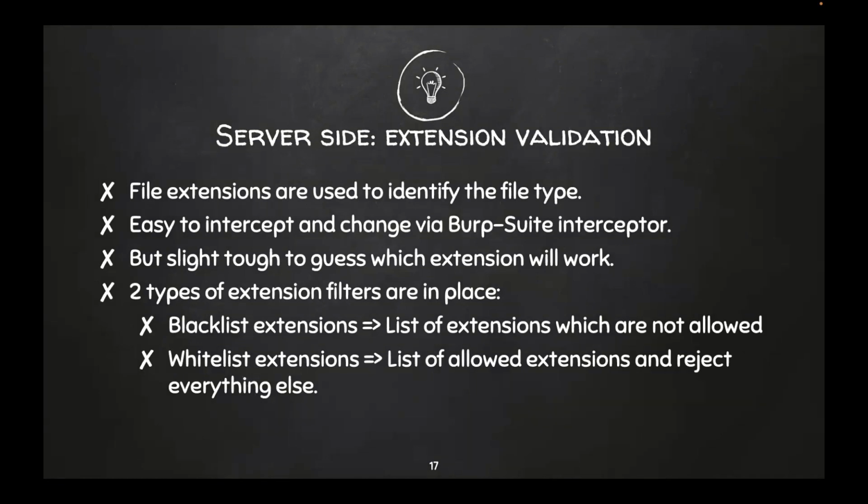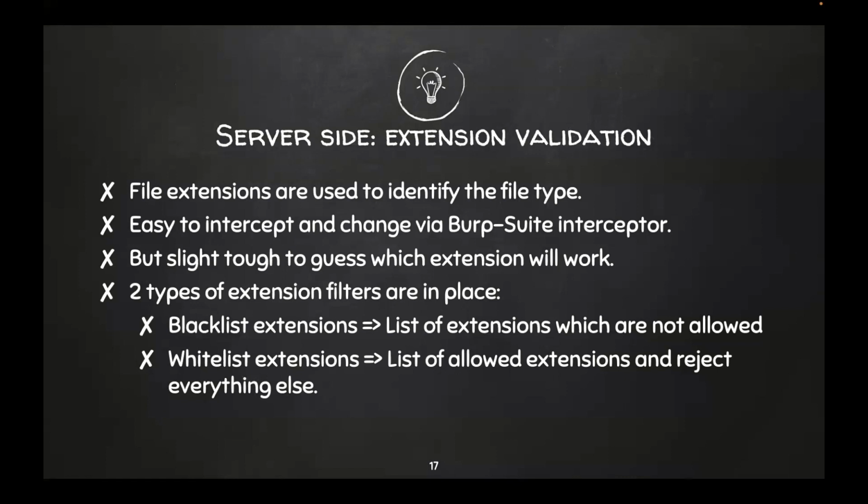The first one is extension validation. This is a filter generally applied at both the client and server side. Since client side validation is not foolproof and is very easy to bypass, bypassing the server side extension validation is also easier, but comparatively not as simple as bypassing the client side extension.